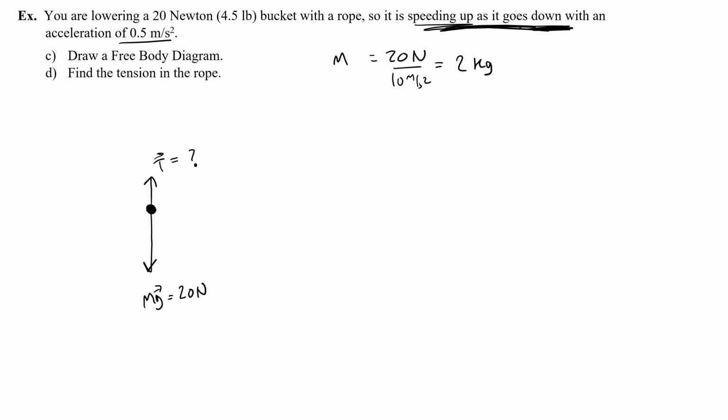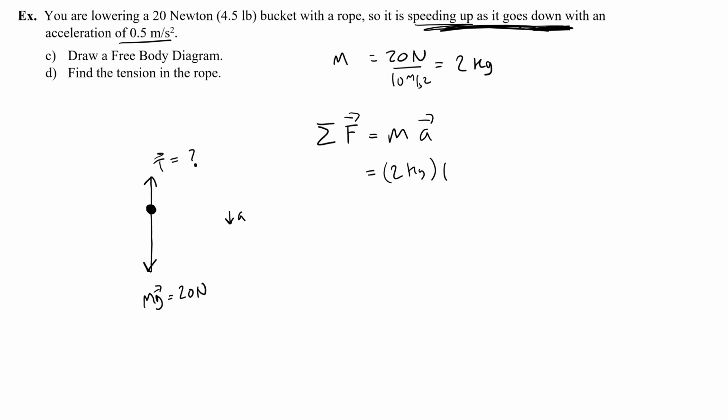Well, to find that, I'm going to do what we always do. Use our net force equation, mass times acceleration. So 2 kilograms is the mass times an acceleration of, oh, you know what? The acceleration is down.